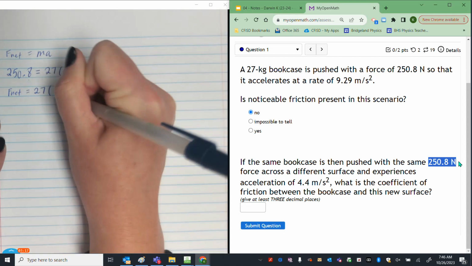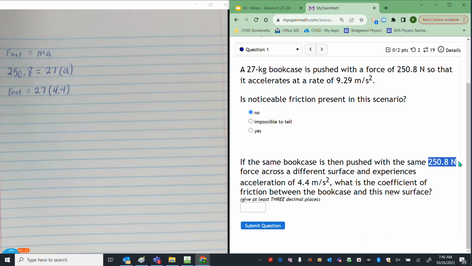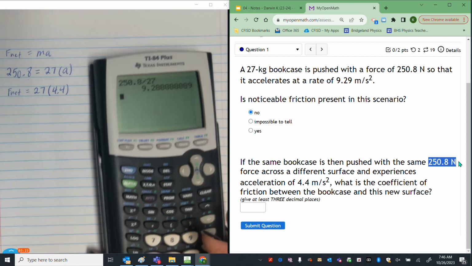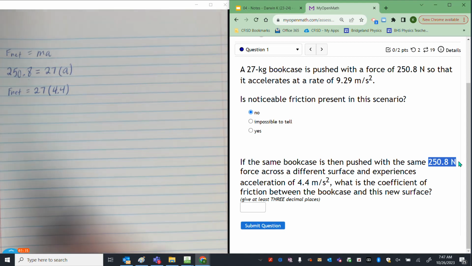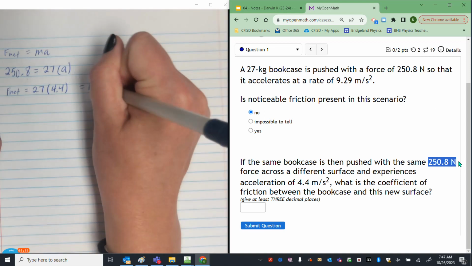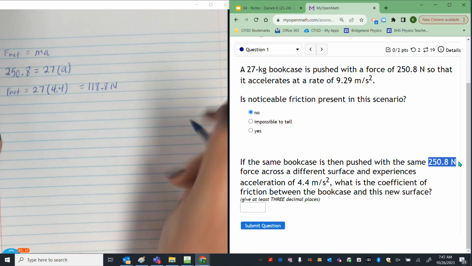My acceleration now, though, is 4.4. So you're going to multiply 27 times 4.4, and you're going to get a net force of 118.8 newtons.